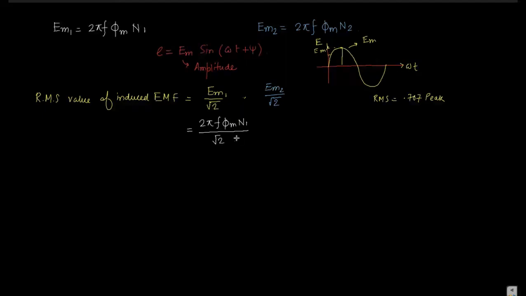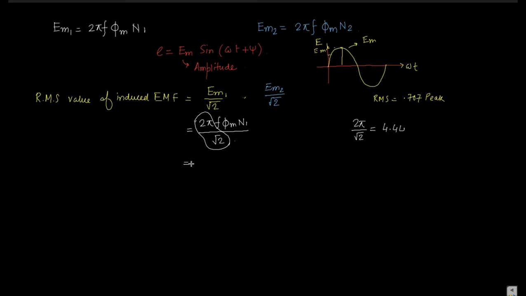Here 2 pi by root 2 is a constant part; if we calculate this value, it becomes 4.44.